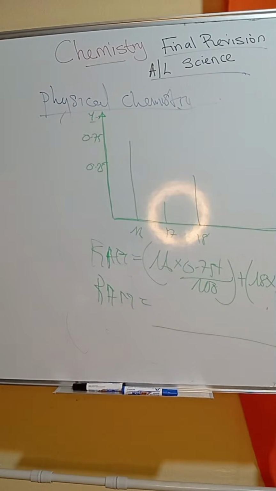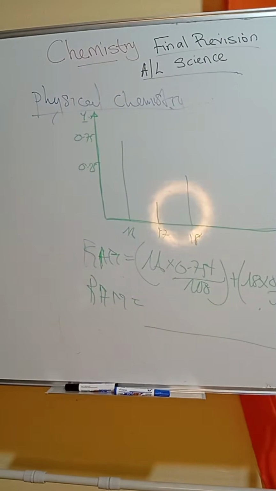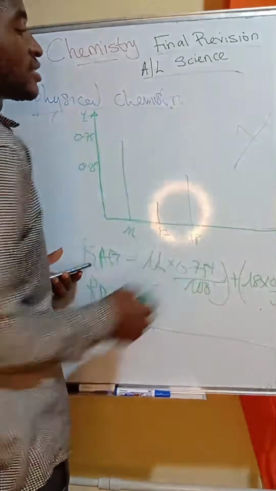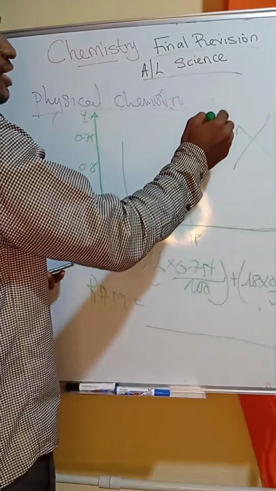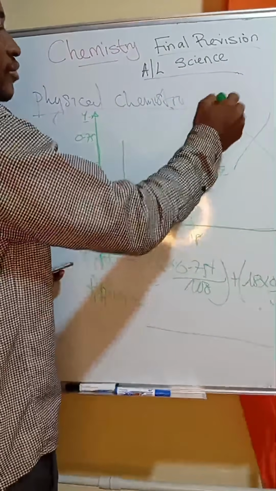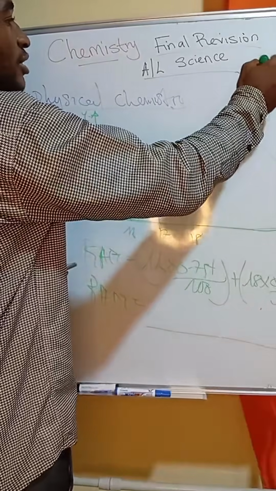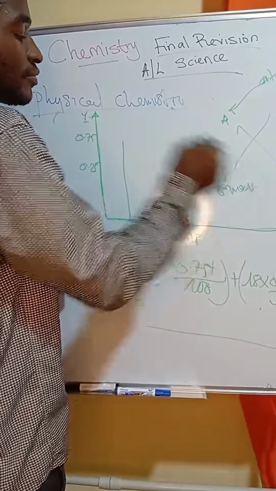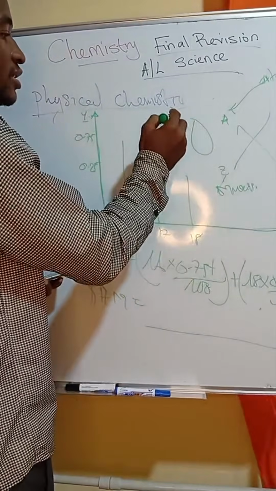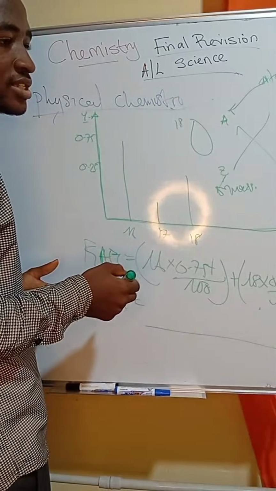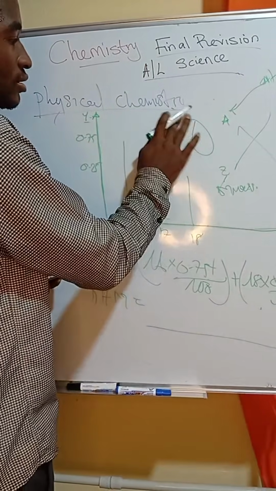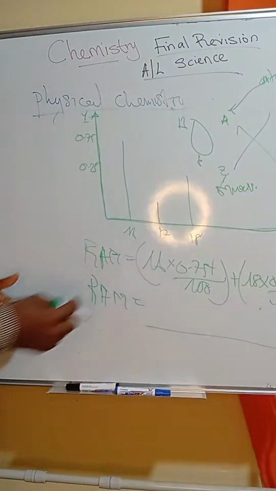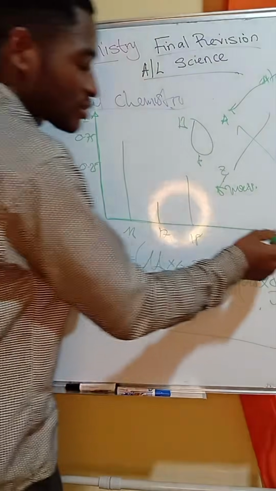For instance, I'm going to show you something. An element X is defined as Z, where Z is known as what? The atomic number. And this one is known as what? The mass number. Now we have oxygen 18, oxygen 16. So we are plotting a graph of what against what?